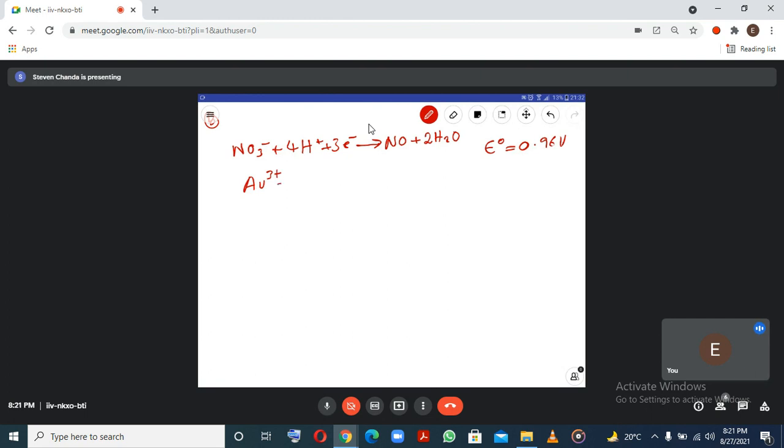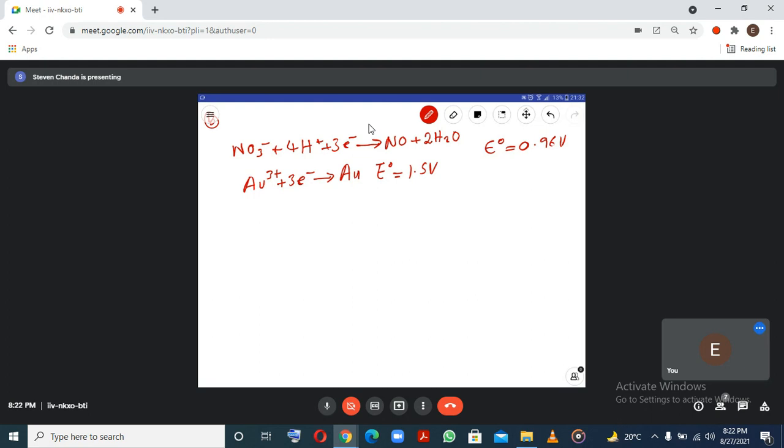It's good when you start like that, because then you will determine from here which one will be the cathode and the anode. Then you can write your full equation. So this will be gold like that. Then your E is, the same way we went on that table, gold, you see that it's positive 1.5 volts.